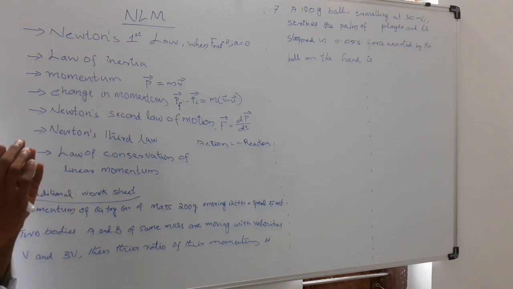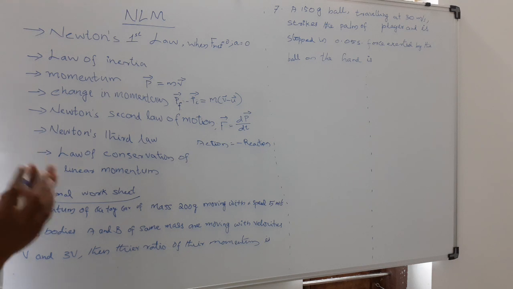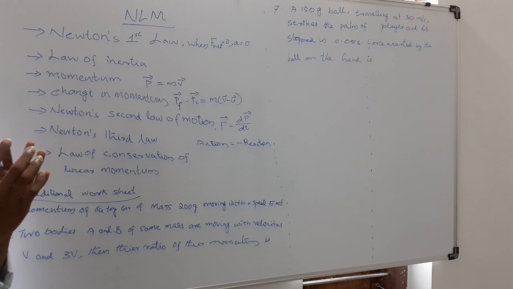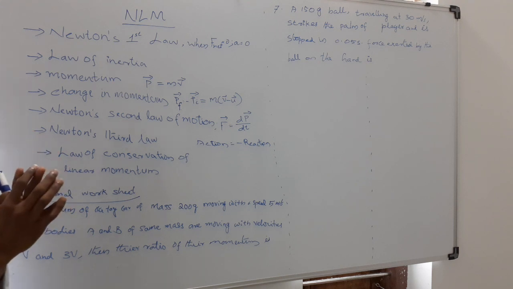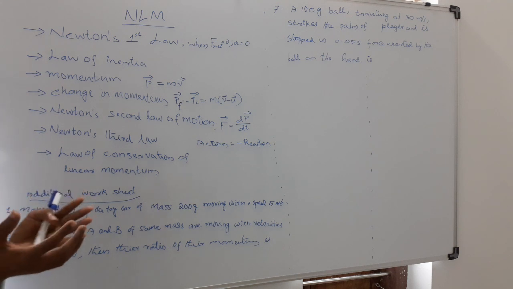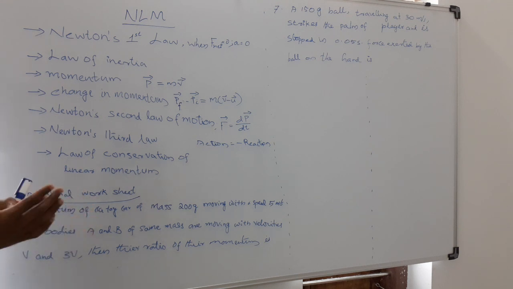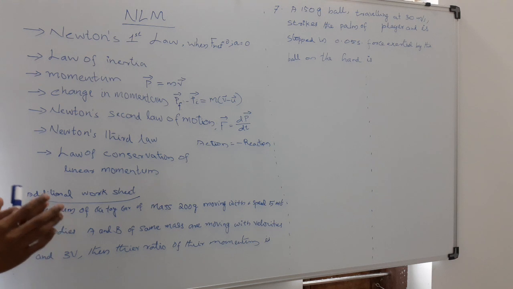The momentum of that number of bodies or a single body, the momentum of the entire system is constant. If you add up all the individual momenta, the total will always be constant.